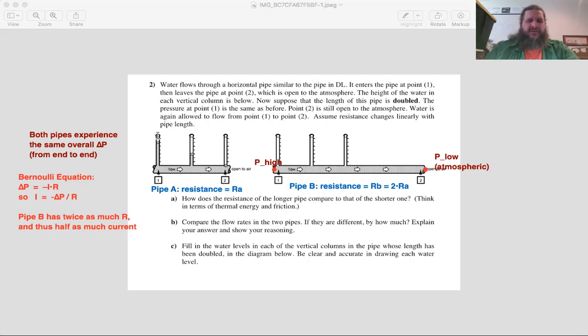For instance, in the first standpipe, that looks like 6 tick marks. So let's say the pressure at point 1 is just 6 tick marks. And of course, that could be converted to pascals if we know how far 1 tick mark is. But we can essentially use tick marks of water as a measurement of pressure. So at the first one, pressure is 6 tick marks.